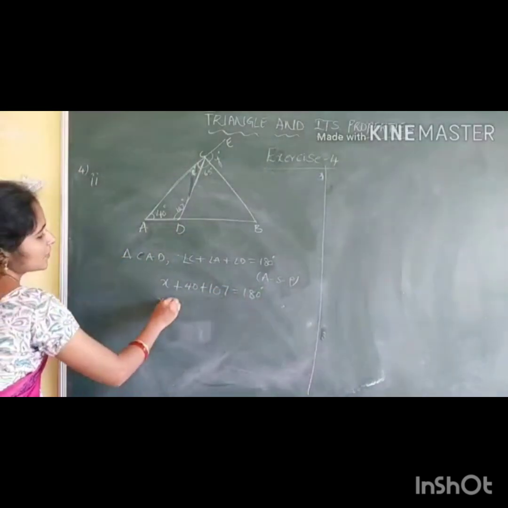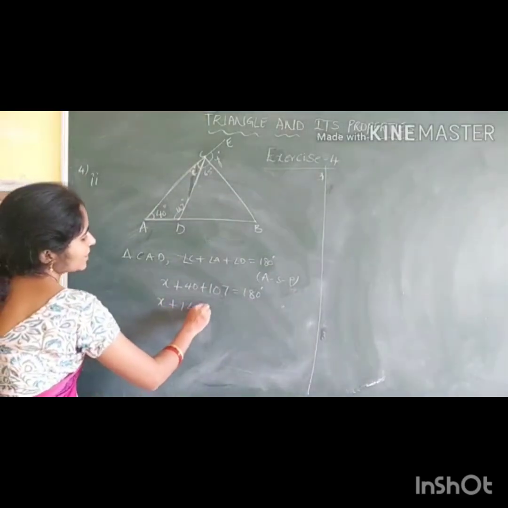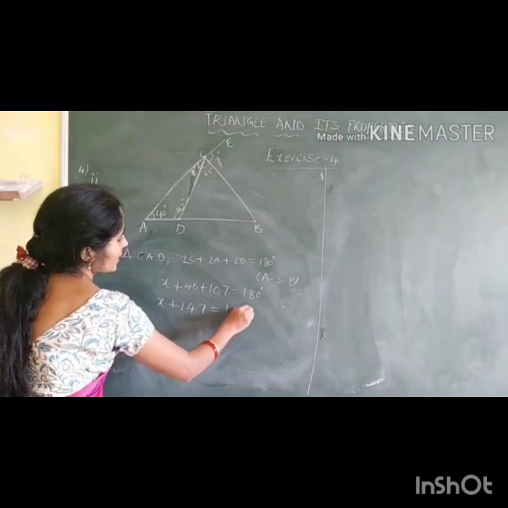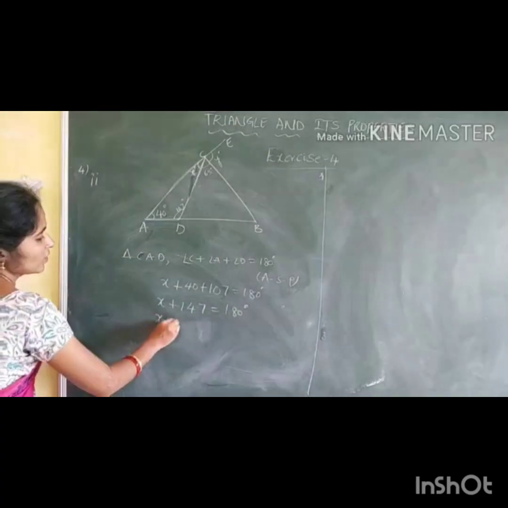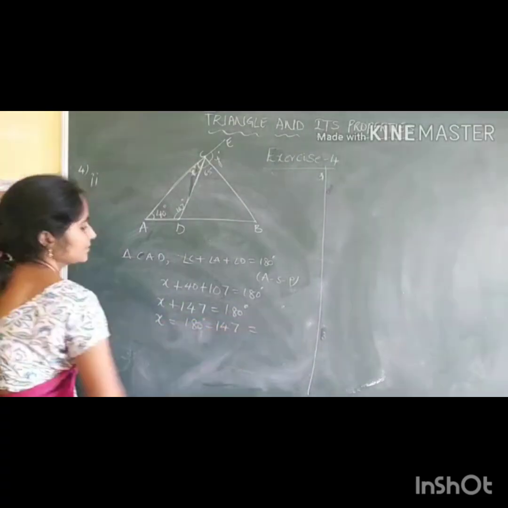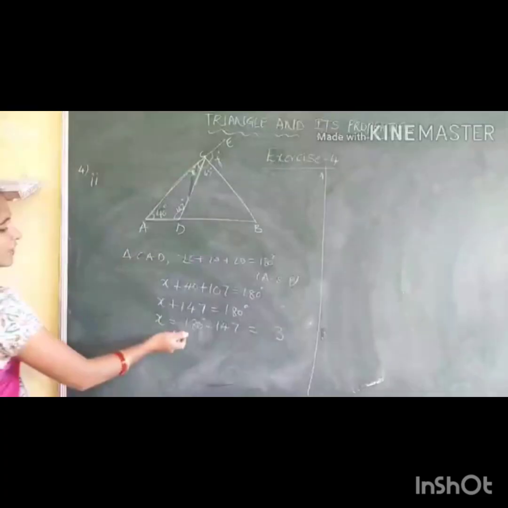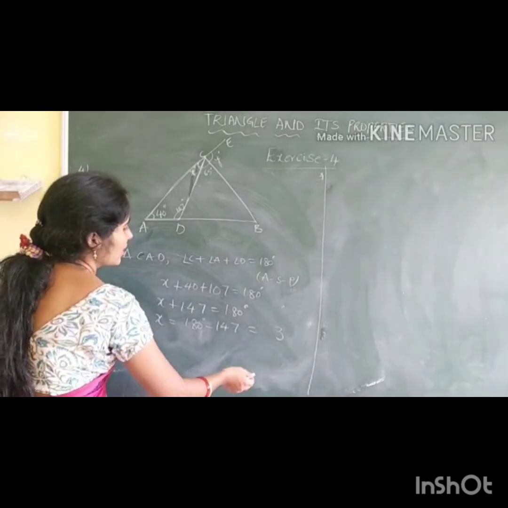Now x plus 107 plus 40, 147, is equal to 180. X we want, so 180 minus 147 is 33.